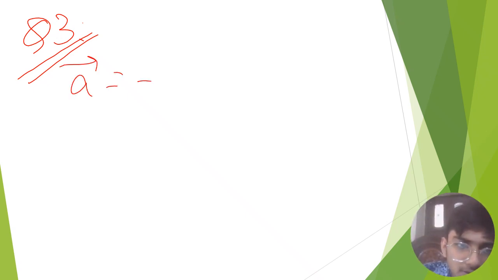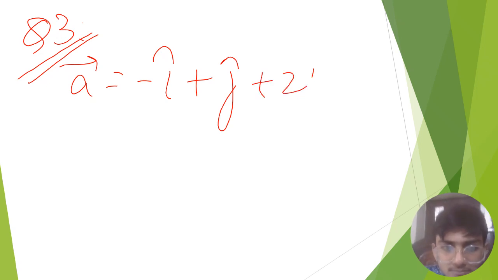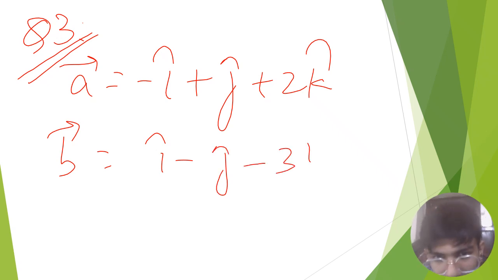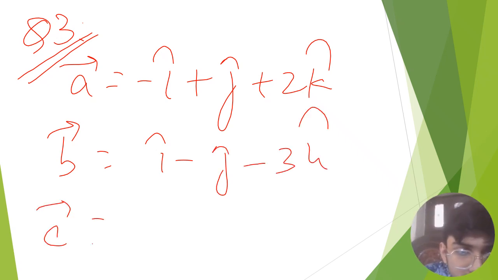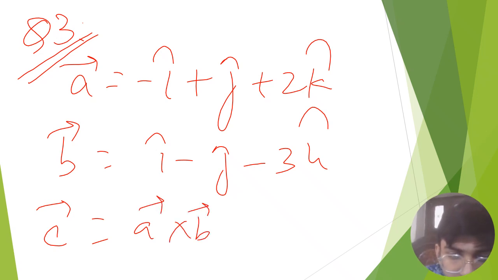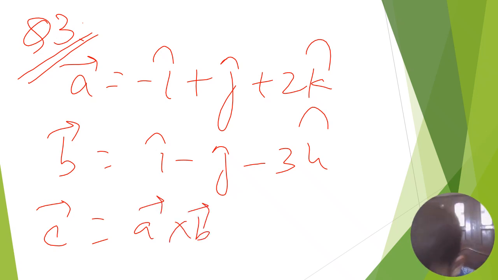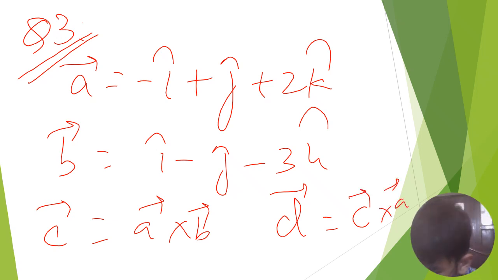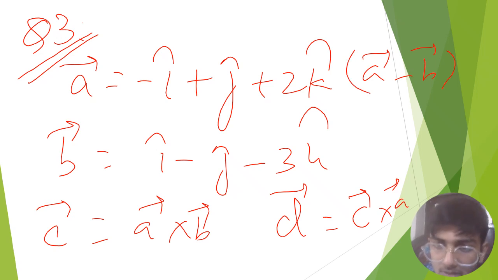A vector is given as -i plus j plus 2k. B vector is given as i cap minus j cap minus 3k cap. C vector is given by A cross B. Okay. And D vector is given by C cross A. Now we are required to find this particular value and this particular computation we have to do.